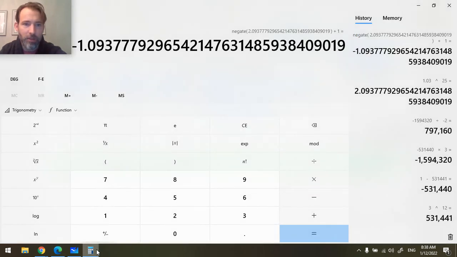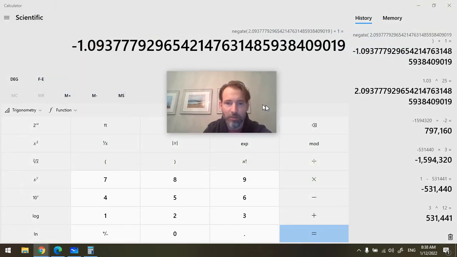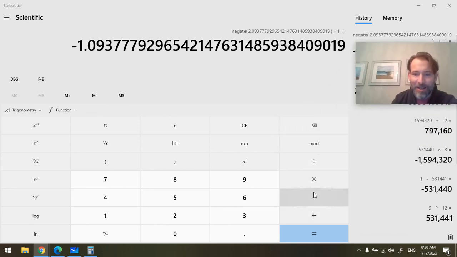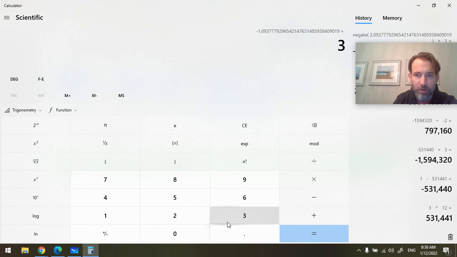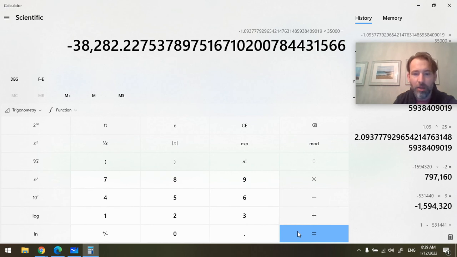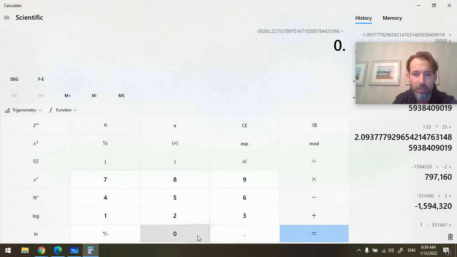So let's come back here. Negative 1.09, multiplied by 35,000 equals, okay, so that's the number on the top. And that's not anywhere near 1.5 million, Mr. Jennings. Well, let's see what happens when I divide by negative 0.03.